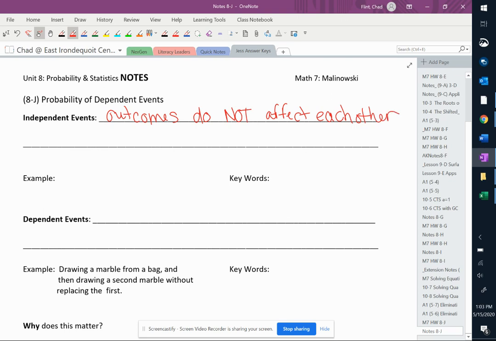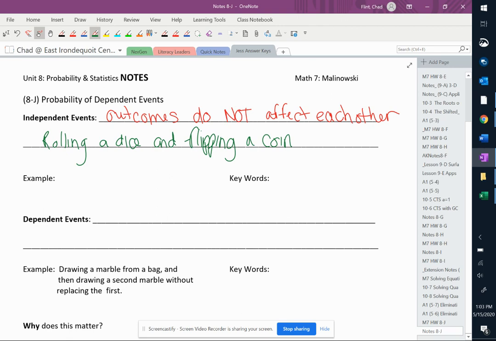Remember, the most common example we gave of that was rolling the dice and flipping a coin. Those two events have nothing to do with each other.